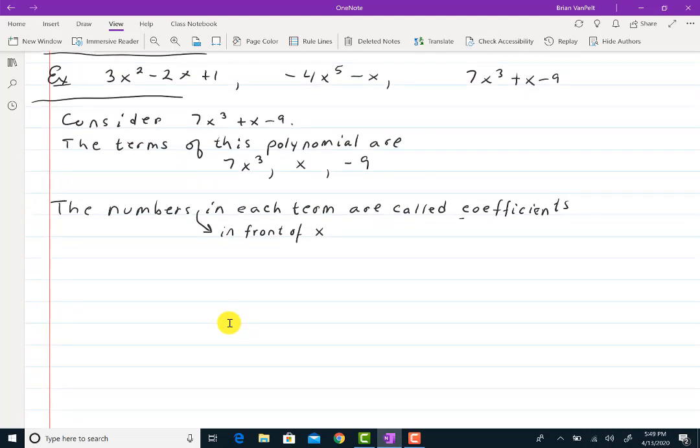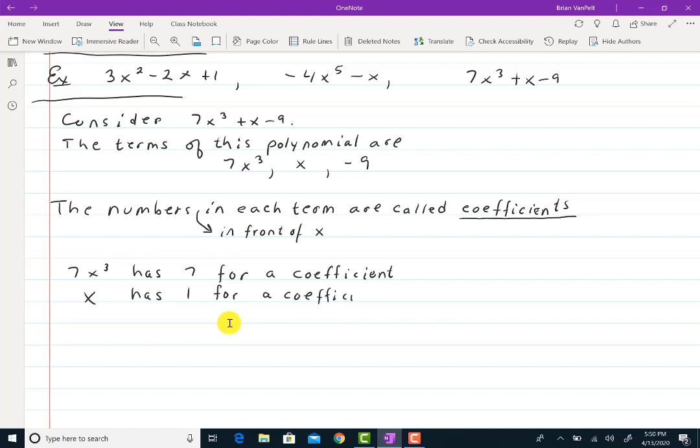So 7x to the third has 7 for a coefficient. x has 1 for a coefficient. And while I'm here, the last part of it, the negative 9, is called the constant term.